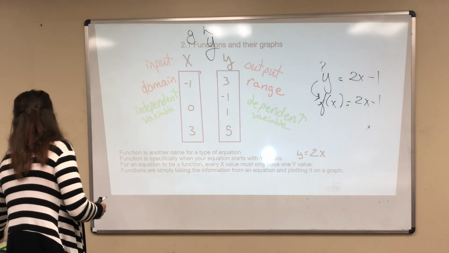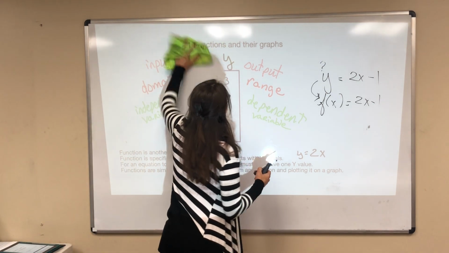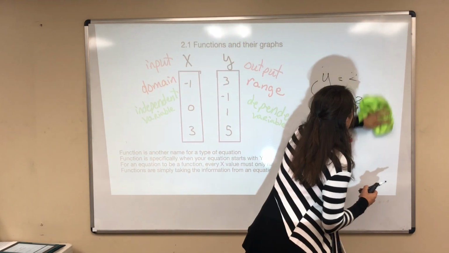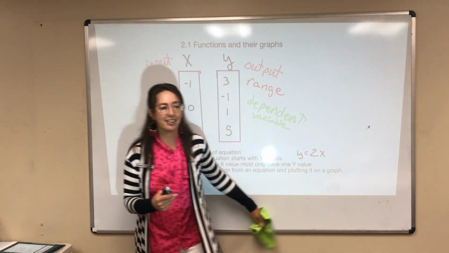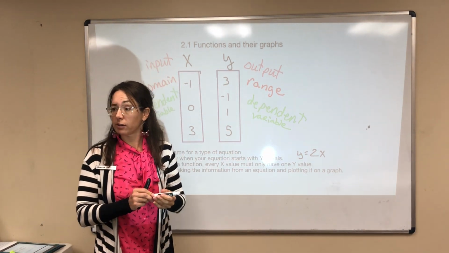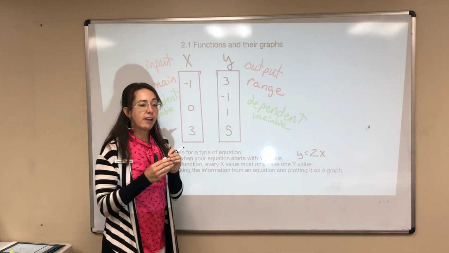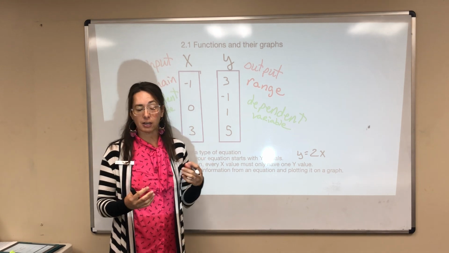Now, we can have all kinds of equations, but all functions are an equation, but all equations are not a function, okay? This is the whole all squares are rectangles, all rectangles are not squares type of thing. Some very specific things have to occur for it to be a function.